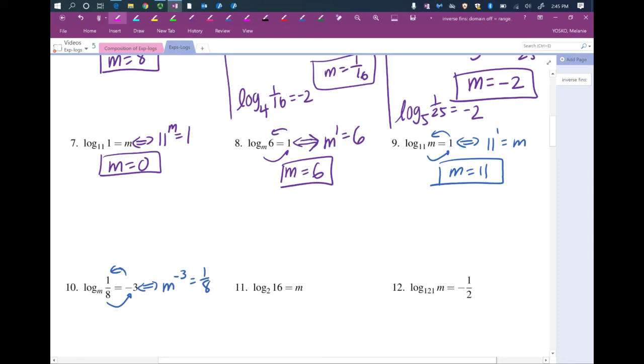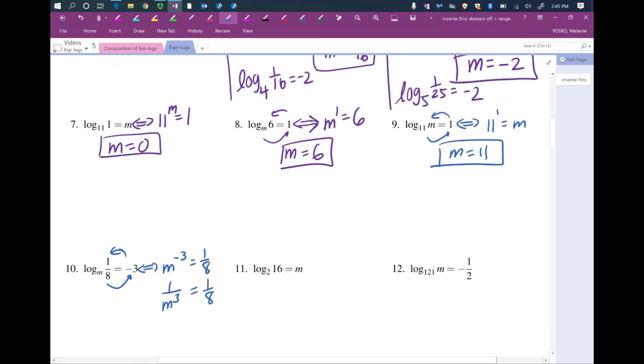So m to the -3, if we want to write that as m to a positive power, we have to put the m on the bottom. So m to the -3 is the same as 1 over m to the 3. Notice they both have a 1 on top, and so that means the denominators have to be equal. m cubed equals 8. So what number do we cube to get 8? Well, we know 1 cubed is 1, but 2 cubed is 8. So m is 2.